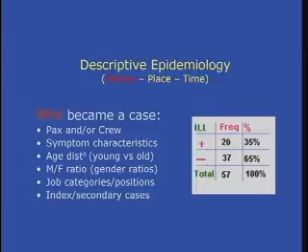In addition, job categories and positions among crew members are important. A food handler may be the index case, or the case that first comes to the attention of the medical staff and the epidemiologist as the cause of the outbreak. Lastly, we look for the index cases as well as any secondary cases that might occur as a result of the spread of the outbreak.